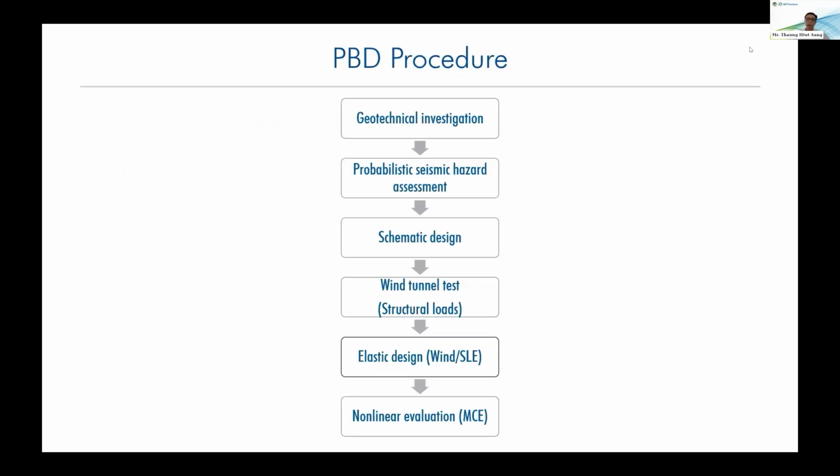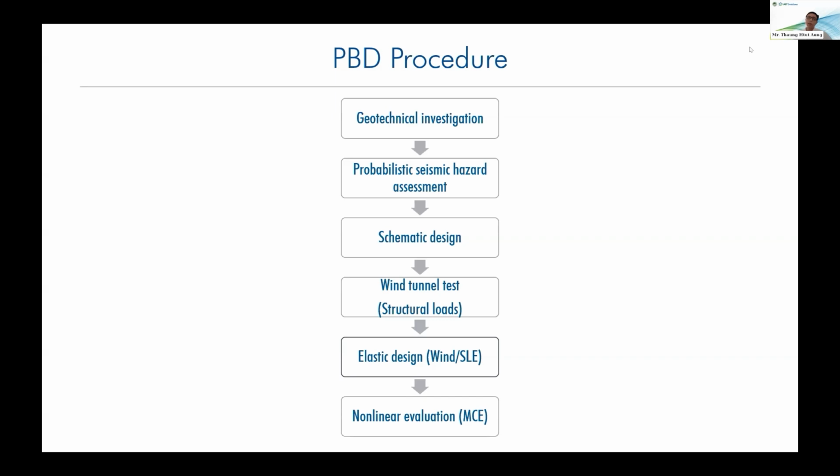For PBD overall procedure, first we engage the geotechnical consultant and carry out the assessment, then convey that geotechnical assessment results to PSHA consultant, and PSHA consultant carry out the PSHA analysis. And structural consultant carry out the schematic design for structural member, preliminary member sizes.